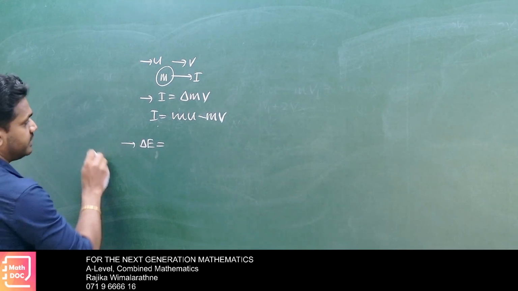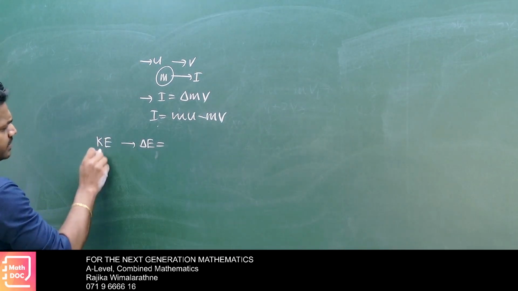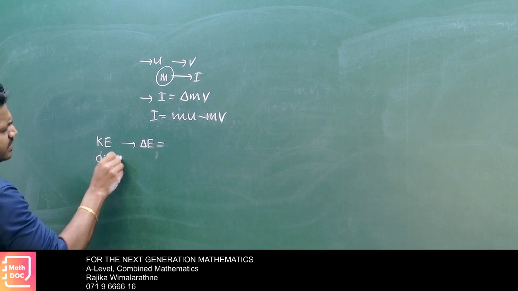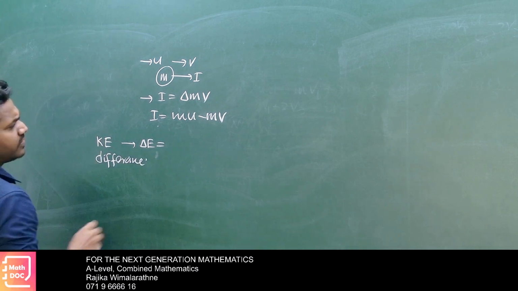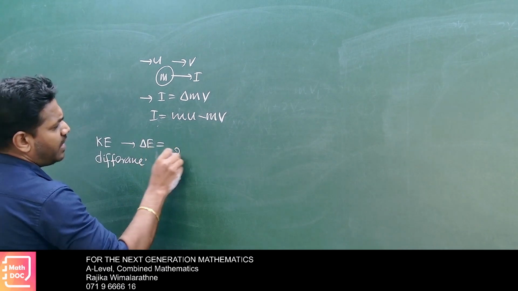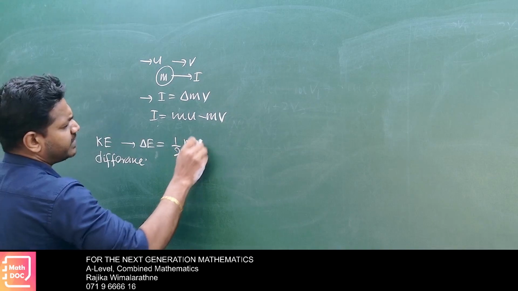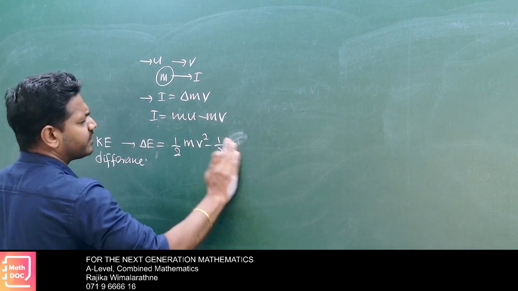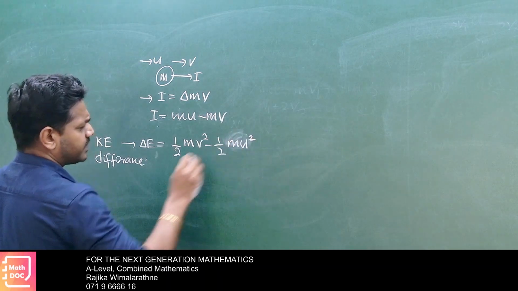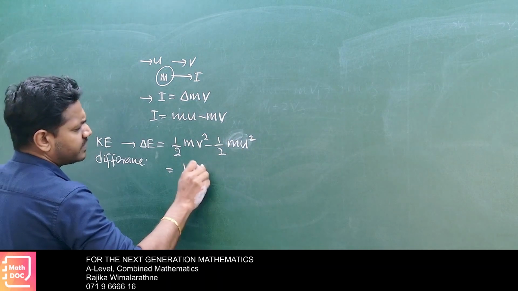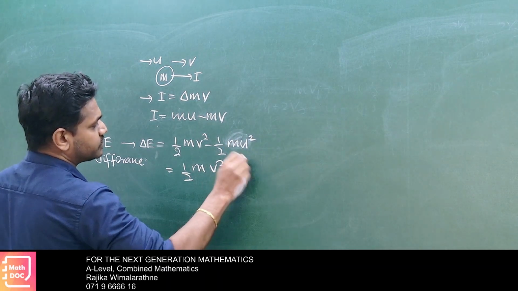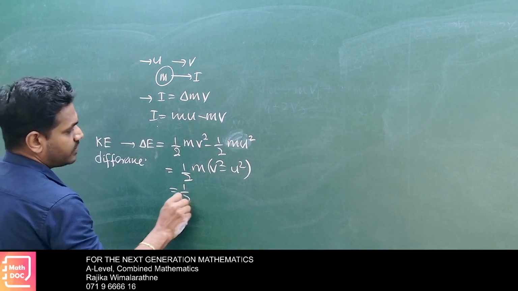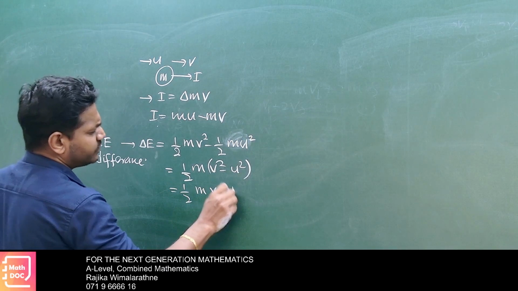Here the kinetic energy difference: half mv squared minus half mu squared, no? Then half m (v squared minus u squared), which is half m (v minus u)(v plus u).